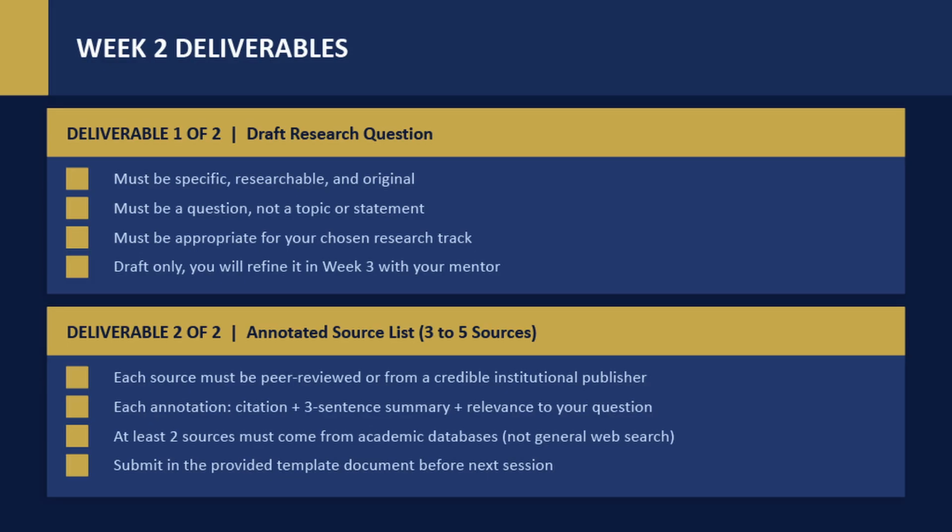So make sure our annotations have those 3 things. And then we need at least 2 sources that come from academic databases, not a general web search. Because academic databases are credible and perfect for actual research. And then we just need to submit it in the provided template document before the next session.